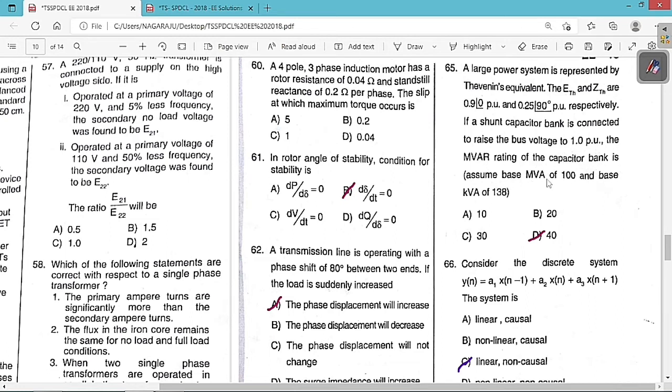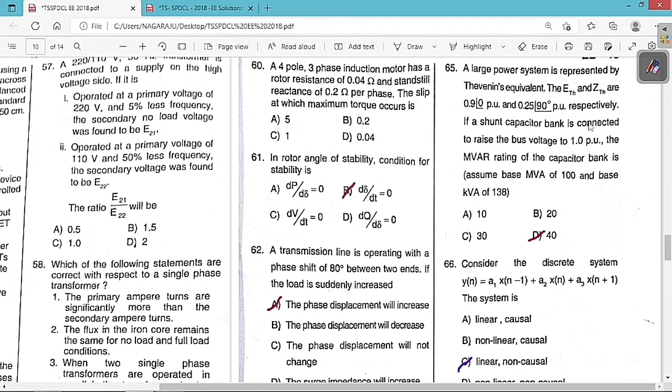Assume base MVA of 100 and base kV of 138. This is base kV, not kVA, and this is base MVA. So based on this we have to find the MVAR rating of the capacitor.